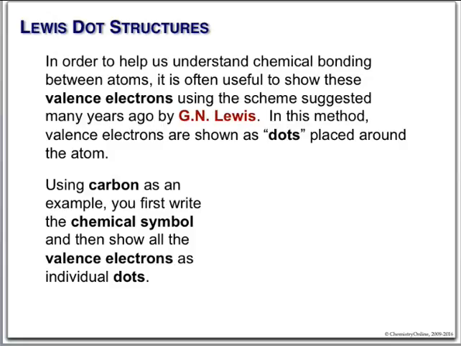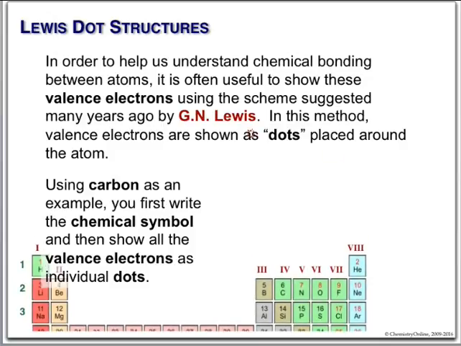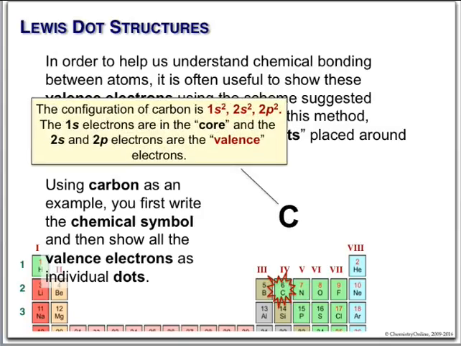That's all you do. So we were dealing with carbon, right here. Carbon has how many valence electrons? 1, 2, 3, 4, right? So we start off by writing a C. Valence electrons are going to be those in the second level. And so we're going to put the valence electrons around the atom.